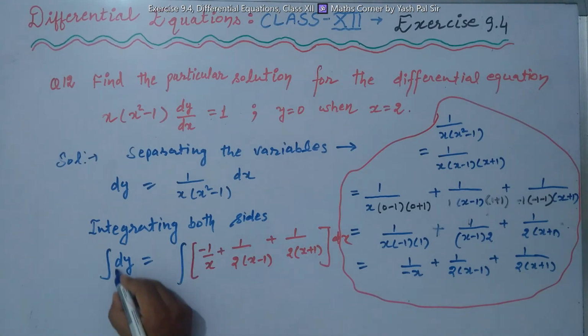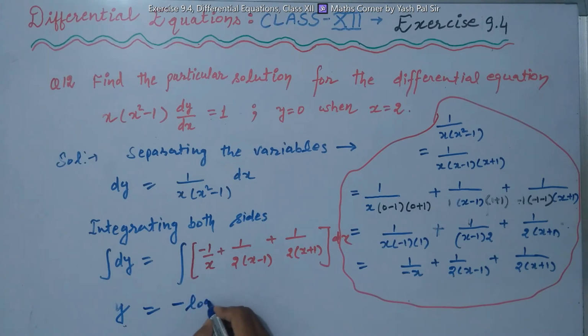Now this is very easy to find the integration. Integration of dy with respect to y is y. On the right-hand side, 1 upon x, this integration is minus log of x. Here integration will be plus 1 upon 2 log of x minus 1.